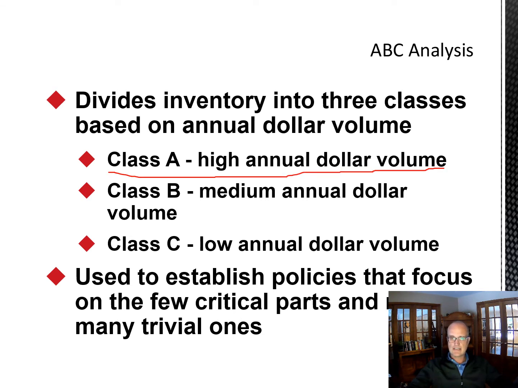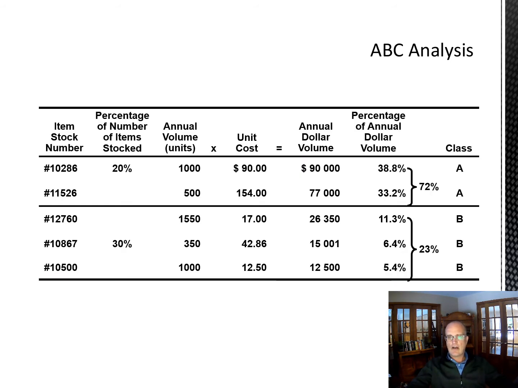So we have those class A, then we have class B and class C. So this just allows us to say we should manage everything, but we should pay the most attention to stuff that is in class A. We establish policies that focus on the few critical parts and spend a little less time on the many trivial ones.